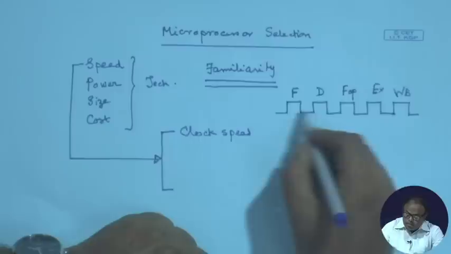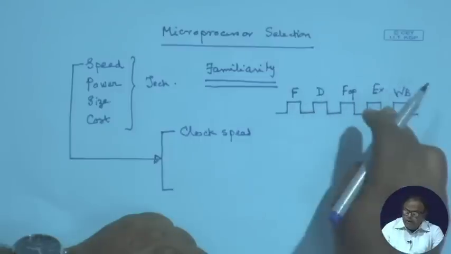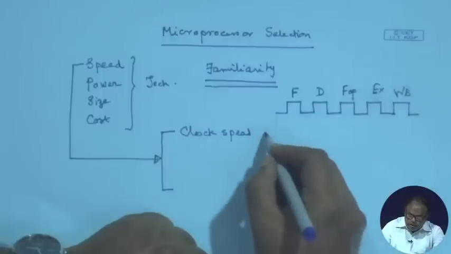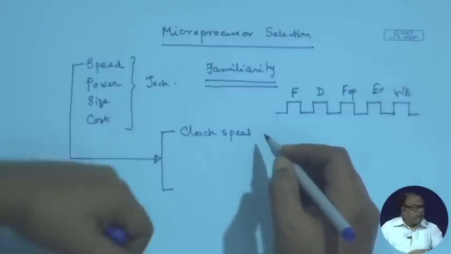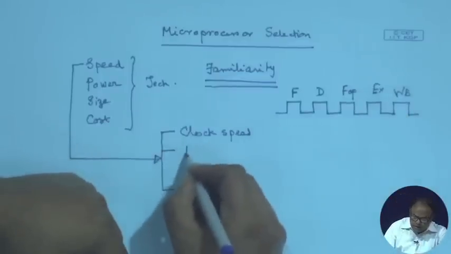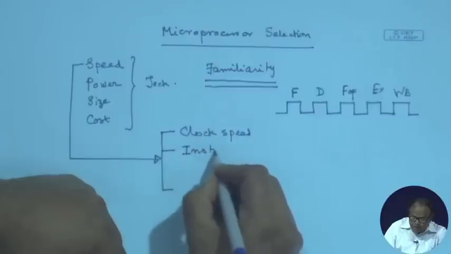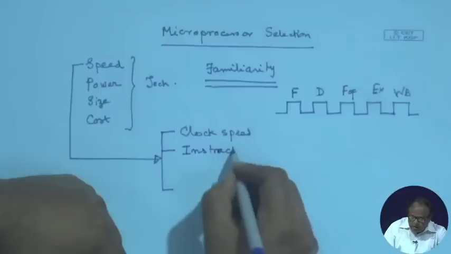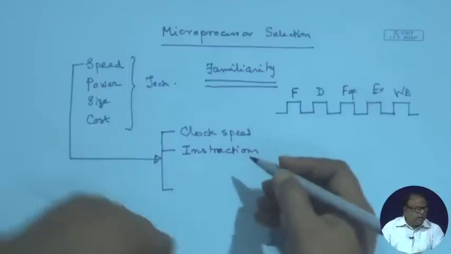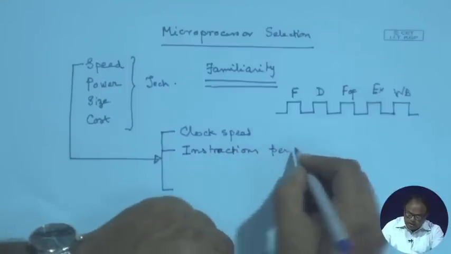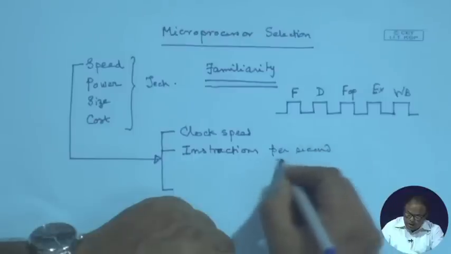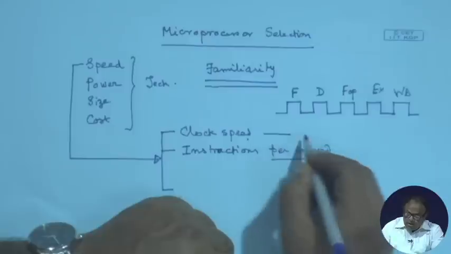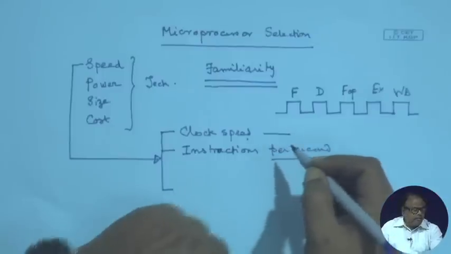For some instruction maybe I will not need any operand, there is an immediate data, so I can execute that. So, the instruction cycle is very important. Another point is the number of instructions I execute per second. The clock speed is there, but also the instruction cycles are important.